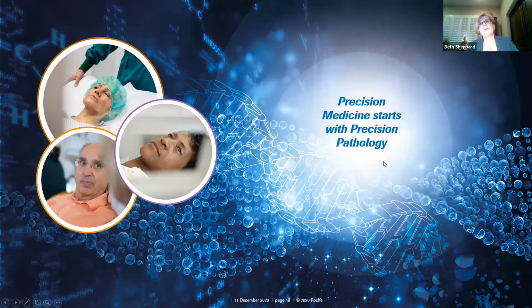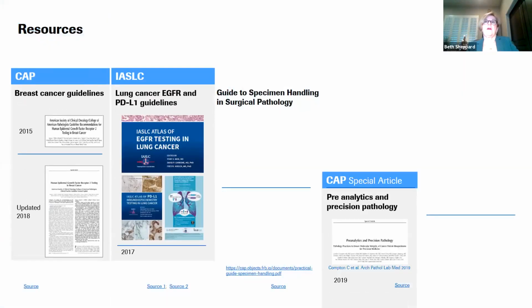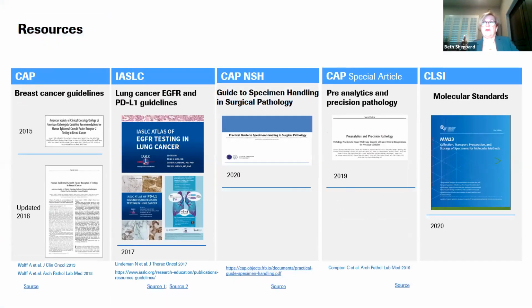So remember that precision medicine starts with precision pathology, and that means standardization in every step of the pre-analytics. There are multiple guidelines now available as resources. The College of American Pathologists updated some of this in regards to the HER2 guidelines around breast.